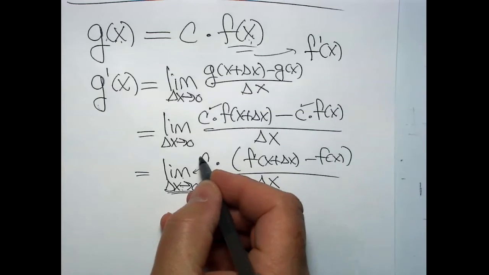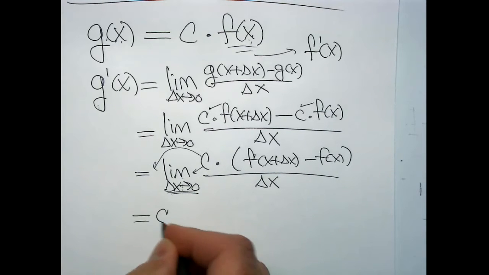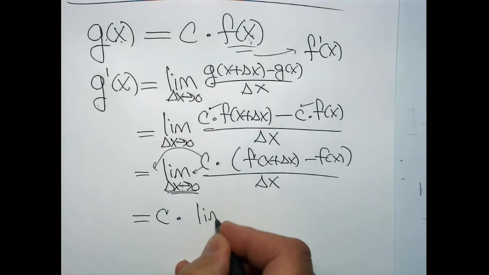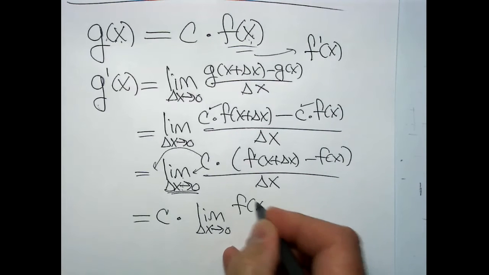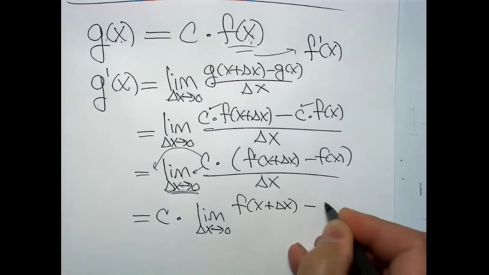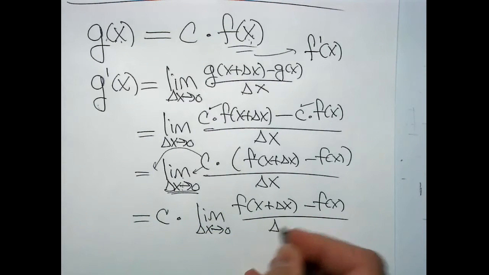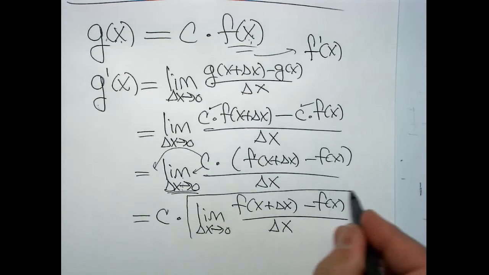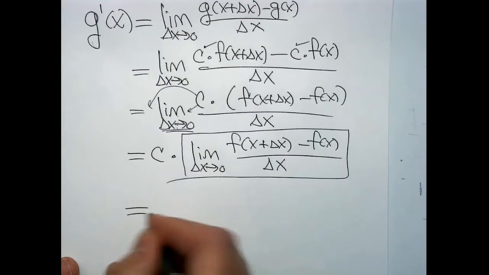So a constant multiplier, when it comes to limits, is unaffected by the limit itself and can just be parked out front for later. So we'll park it out front. And it says, you know what, if you can evaluate just this limit, then maybe that'll help. And then when you're done with that, then actually multiply by the constant. Well, I think you can evaluate this limit, because we know what that is. That's f prime.